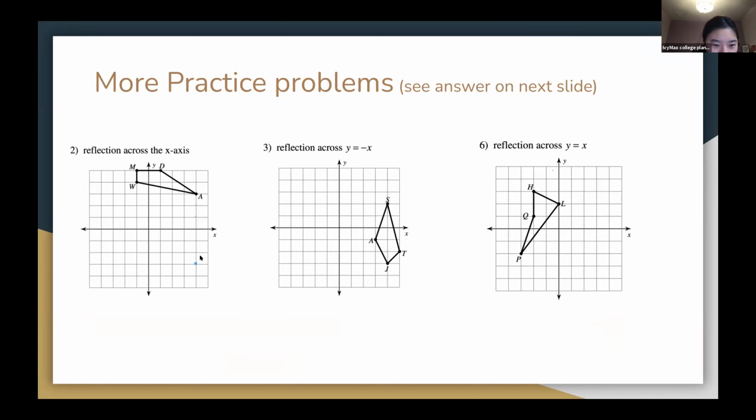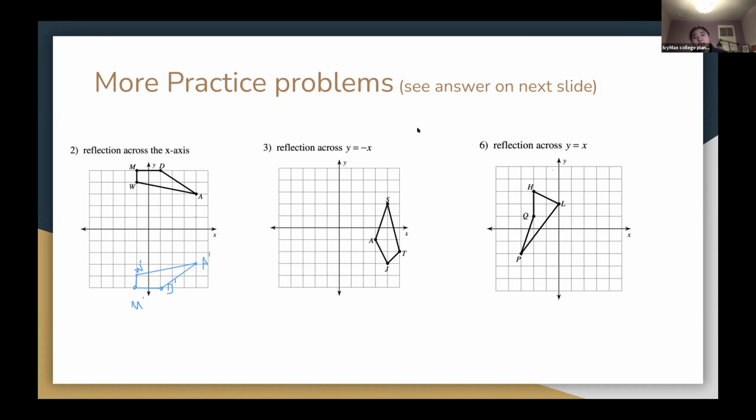Here is the A point, A prime. D is right here, D prime. And then we can connect them together. So that should be it.